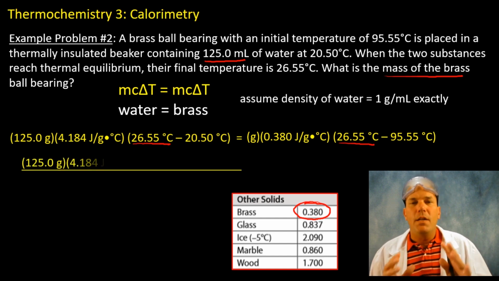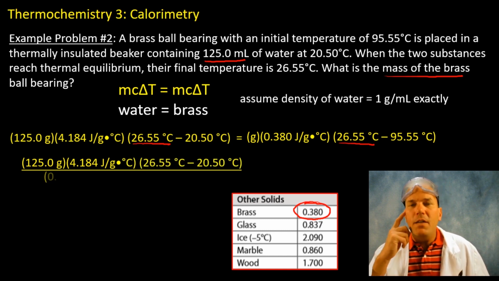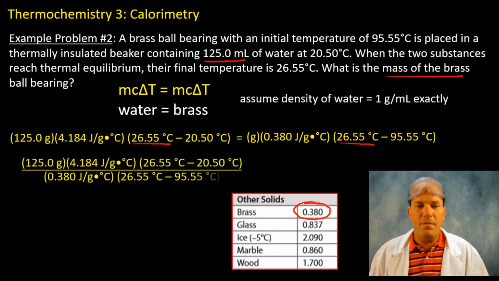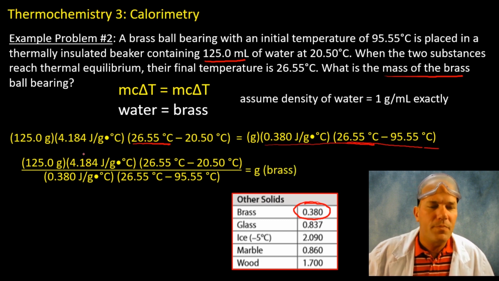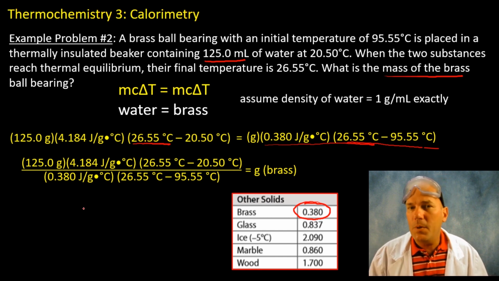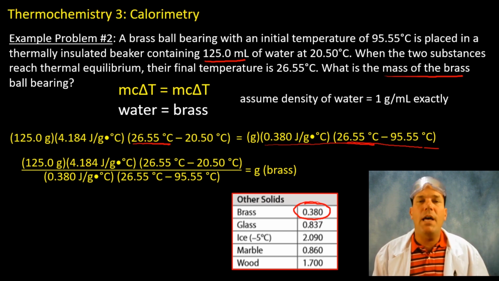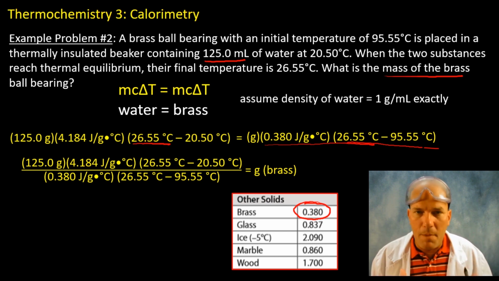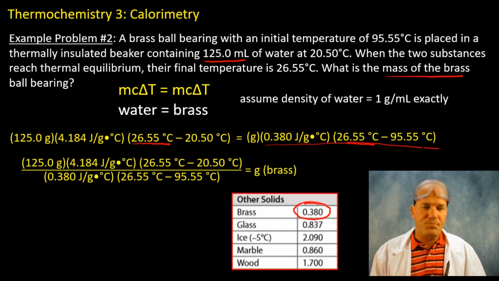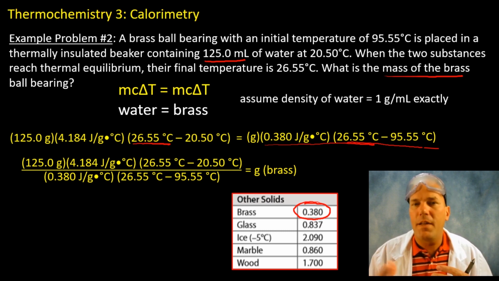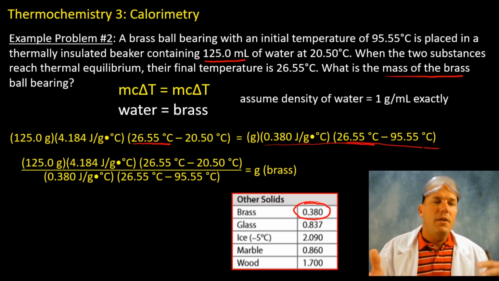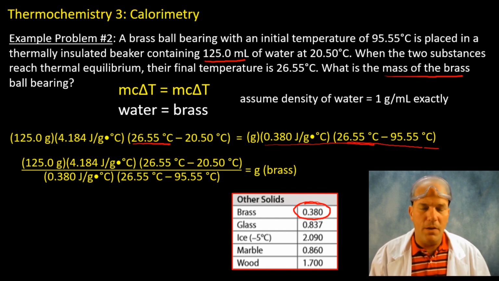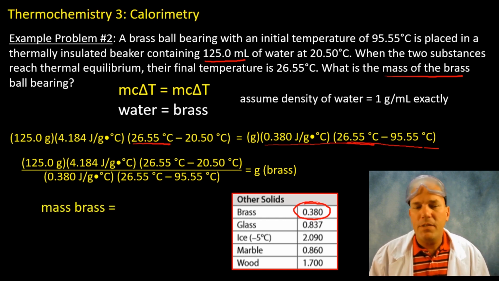Okay. So let's rearrange this mathematically. And all I've done here is divide the left side of the equation by these quantities. Just make sure when you're putting these values into your calculator, take the time to make sure the order of operations is done correctly. Make sure you find the delta temperature and then multiply that quantity by the other quantities, etc. Okay, and we can solve for the mass of the brass.